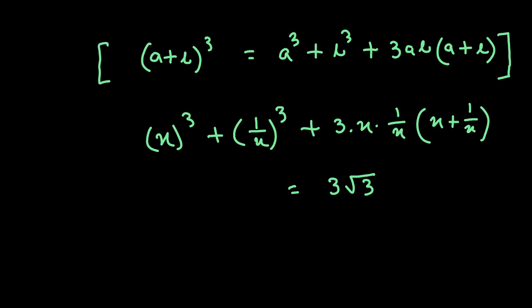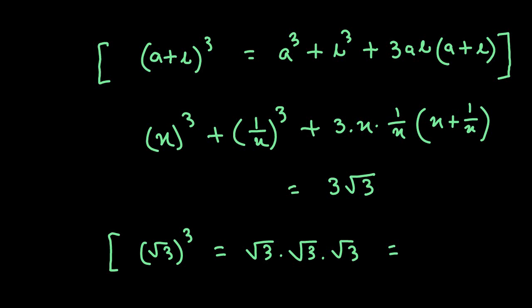Since we have square root of 3 whole cube, we can write this as square root of 3 times square root of 3 times square root of 3 equals 3 times square root of 3.